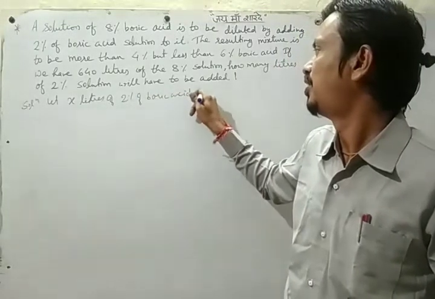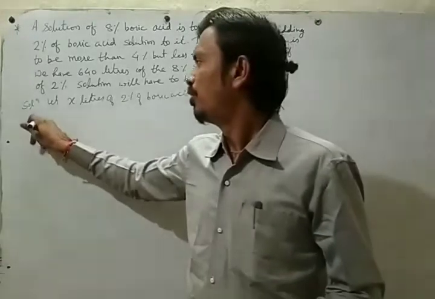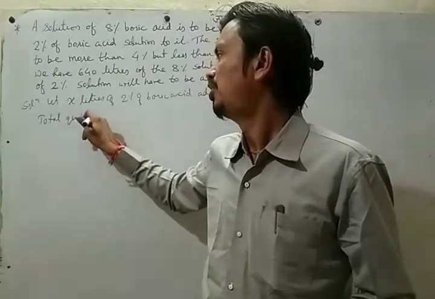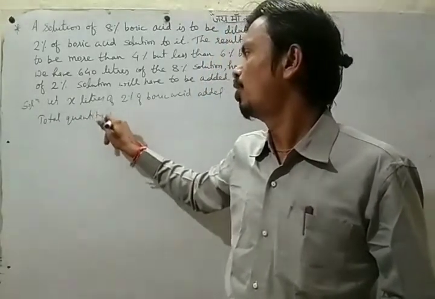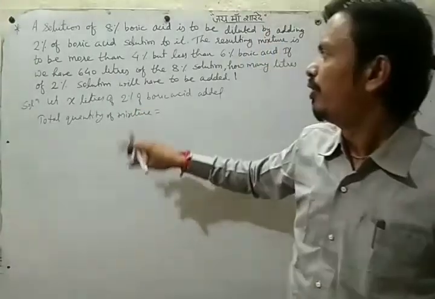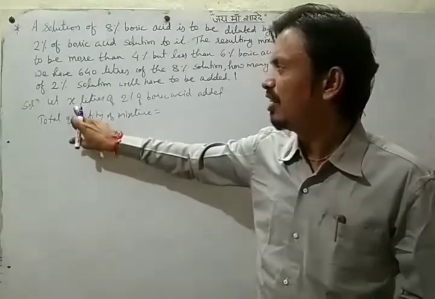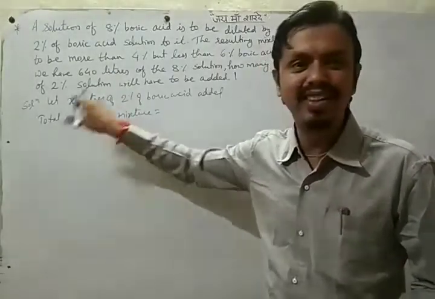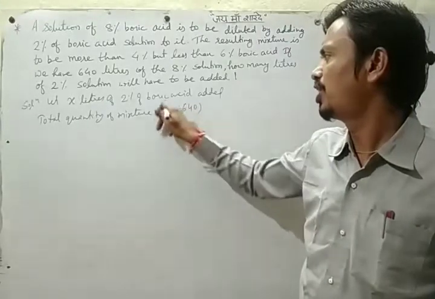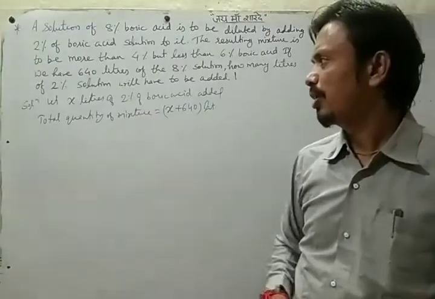Then the total quantity of mixture will be: we have 640 liters of the solution, right? And we are adding x liters to it. So now we have x plus 640 liters. Okay, this is our total quantity of mixture.